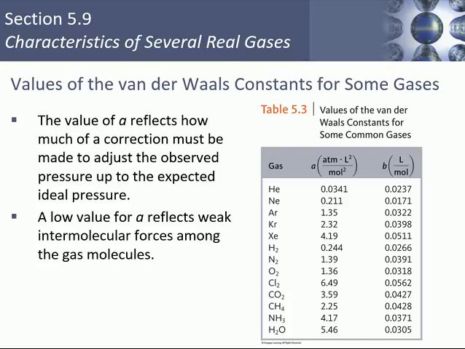And so you can see that when there's a polar particle like water, there's going to be a lot of intermolecular force attractions between water molecules and other molecules around it, and so you're going to have to adjust that observed pressure up to equal the ideal pressure. Same thing with the B value here. We're talking about the volume for something here.